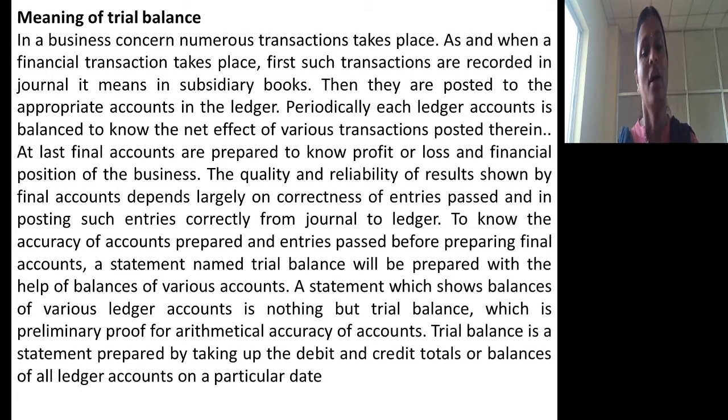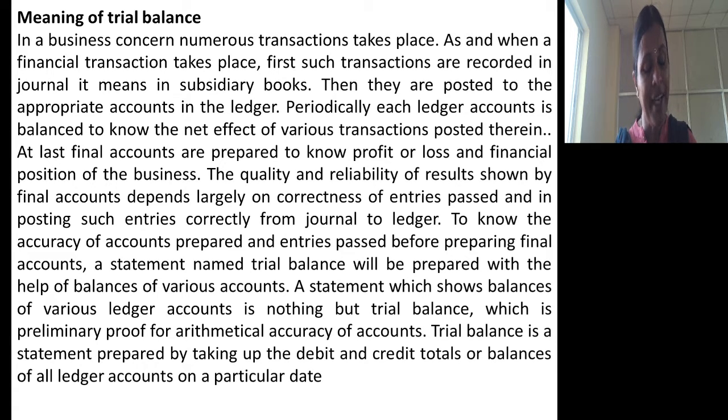Try to understand. The quality and reliability of results shown by final accounts depends largely on correctness of the entries we passed in the journal and posted from journal to ledger.